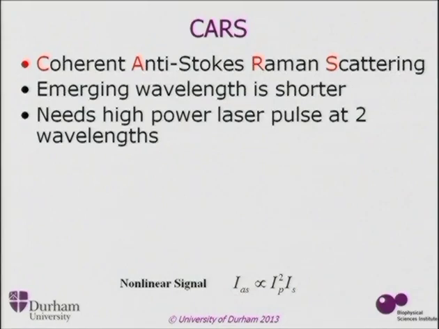What happens here is, the downside is we do need 2 lasers now, and you'll see why. We have, in this case initially, 2 energy levels, and we put light at 1 wavelength in, which is called the pump wavelength. Then we put in a second laser at what's called the Stokes wavelength, which drives the molecules down an energy level.